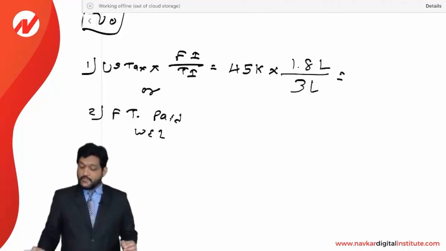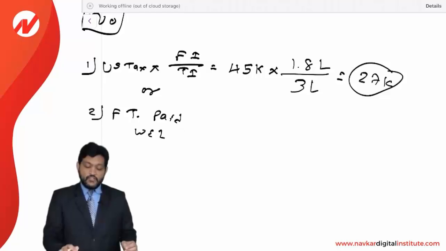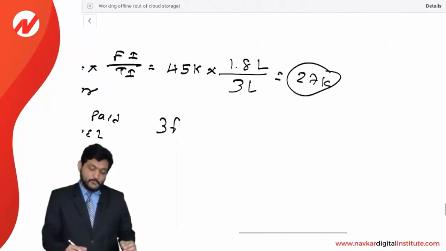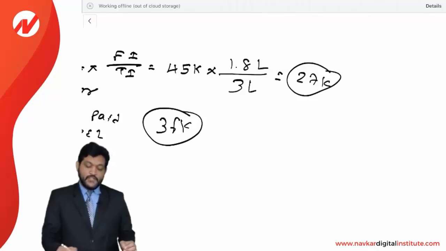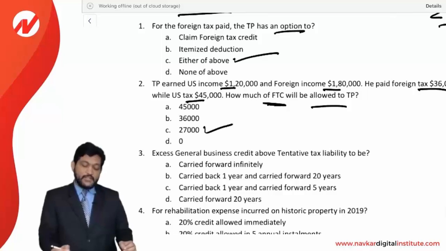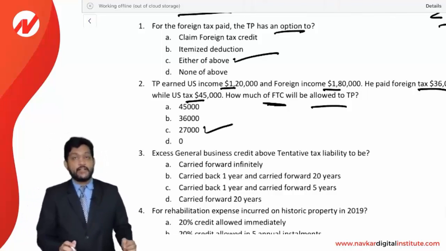So 45,000 into 180 divided by 3 lakhs is 27,000. And the actual foreign tax paid has been 36,000. Whichever is lower, the answer will be 27,000. So you will get a credit of 27,000. C is the correct answer. Fine. So you just need to get the formula and the answer is there.